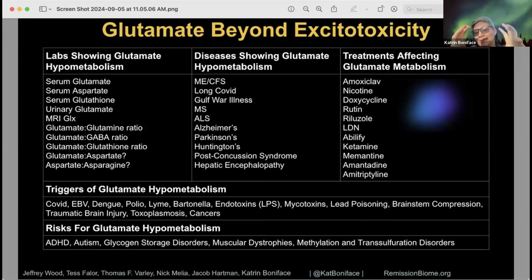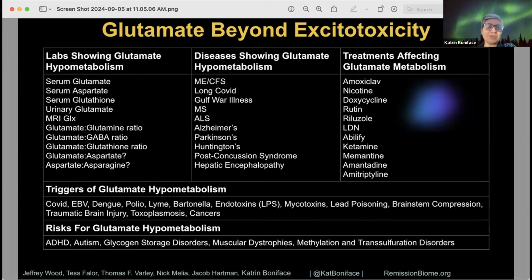Now, where that system is dysfunctional in each of us has been a little bit different. So looking at different labs, whether it's a cross disorder or even within our cohort, there have been some minor differences, but all show some form of dysregulation of that particular metabolism. And then also shown here on the screen, all these various treatments also affect metabolism specifically, not just excitotoxicity.